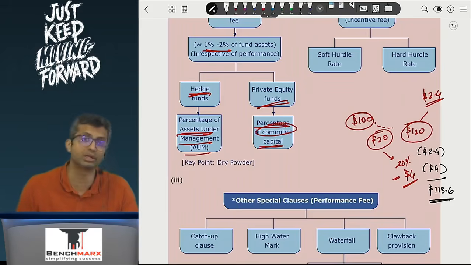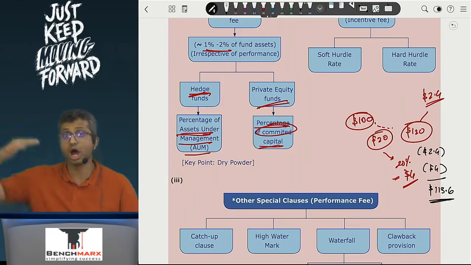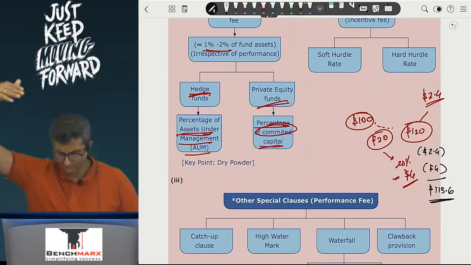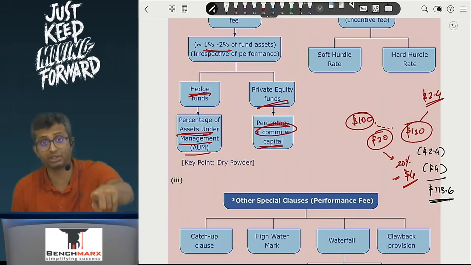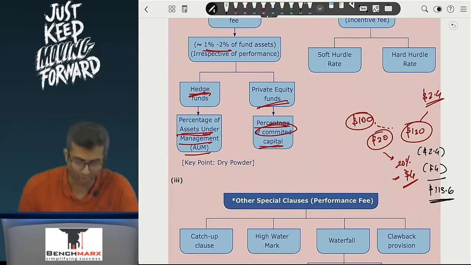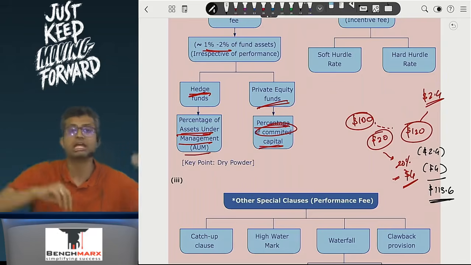Why? Because I generated a return. However, you have already touched a high water mark of around, let's say 113, for example. You will get your incentive fee now if there's a high water mark clause, which is there in most of the funds, if you are able to beat the highest value your fund had reached in the earlier years.